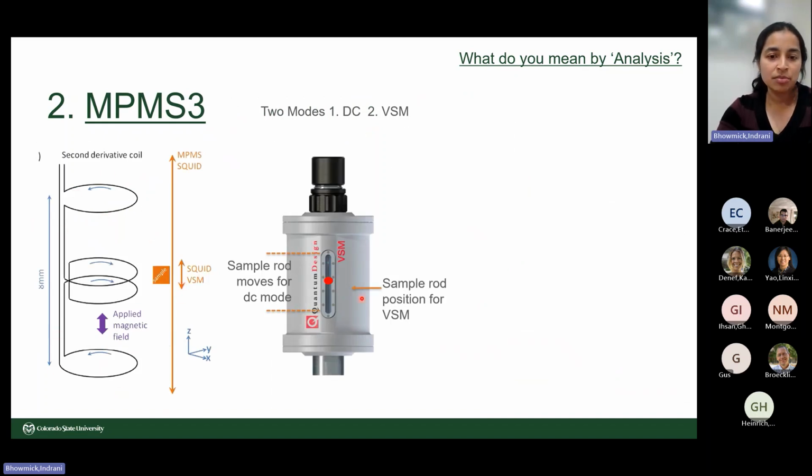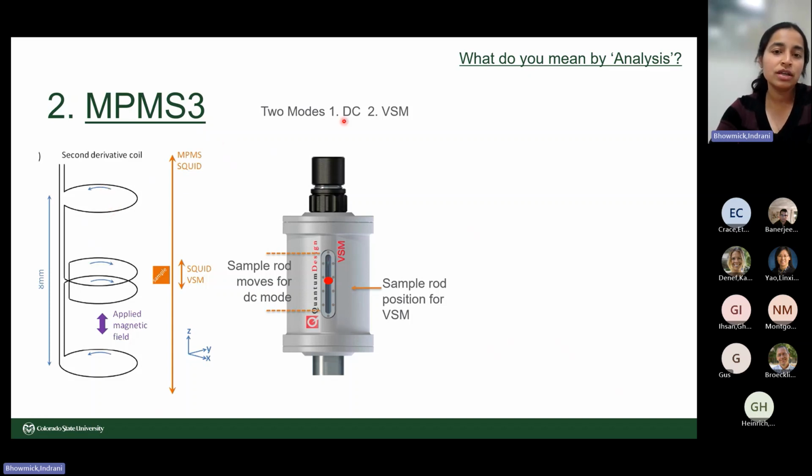And when you have the sample, this is the top window, you can move the sample in 2 ways. One is called DC, where you move the sample all the way through the magnet, up and down. The word SQUID means superconducting quantum interference device. It is a very uniform magnetic field, and by moving the sample through it, we interfere with the field, and that gives us the response.